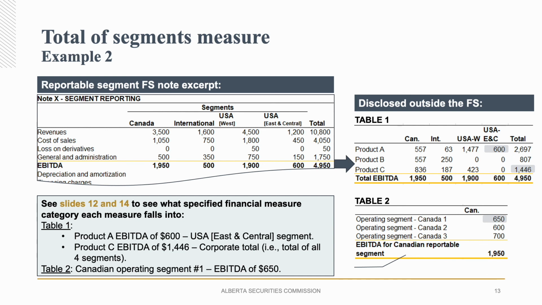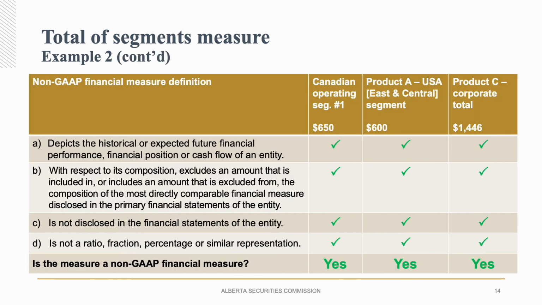And 3, EBITDA of $14.46 for the corporate total EBITDA for product C. And as we've just walked through, each of these measures are not total of segment measures. With each of these measures in mind, let's see if any of them meet the conditions in the non-GAAP financial measure definition. As you can see on this slide, each measure meets the definition of a non-GAAP financial measure and is subject to the disclosure requirements in Section 6.